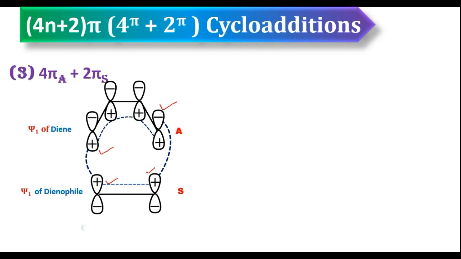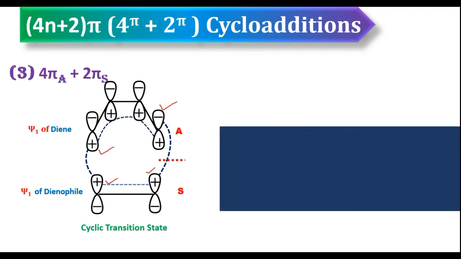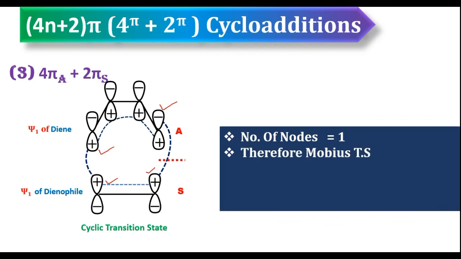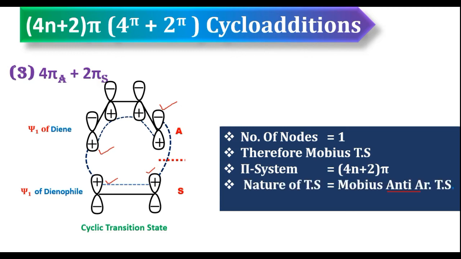Again you can observe in this transition state we have a plus-minus connection between the orbitals, so therefore it is a node. So the number of nodes is 1, nothing but an odd number of nodes. When an odd number of nodes is present, that is called a Mobius transition state. The pi system belongs to 4n plus 2 pi electrons. Therefore, for Mobius, 4n plus 2 gives an anti-aromatic transition state. This is photochemically allowed. That means antra supra is also photochemically allowed.